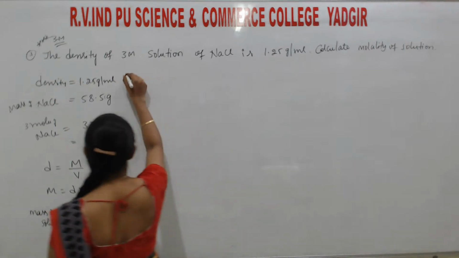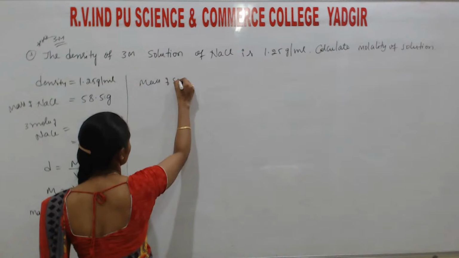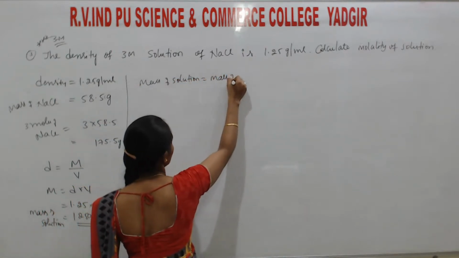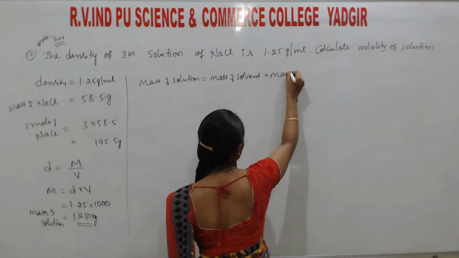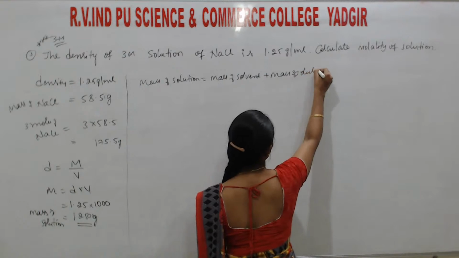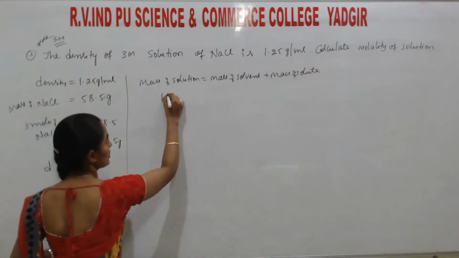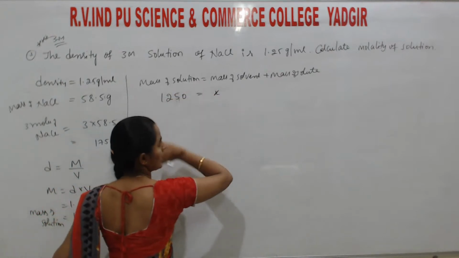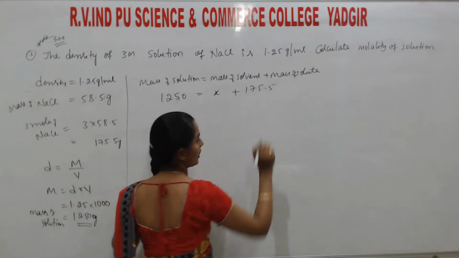Okay. So I'll take here mass of solution is equal to mass of solvent plus mass of solute. Correct? Mass of solution is how much? 1250. Mass of solvent, we don't know, that is X. Mass of solute, here, 175.5.